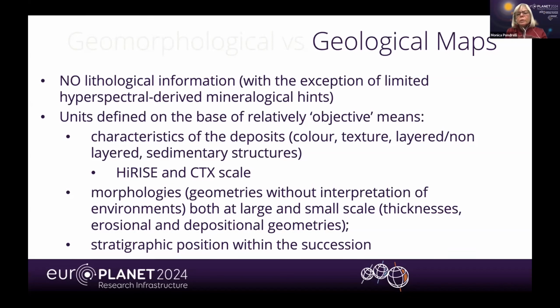For example, the color, the texture, whether they are layered or not, whether they display sedimentary structures, and we should do this at all scales. And then associate this with morphologies intended not as interpretation, but just as forms, for example, that they are sharp, they are mound-like, this kind of thing. And of course, the stratigraphic position within the succession.